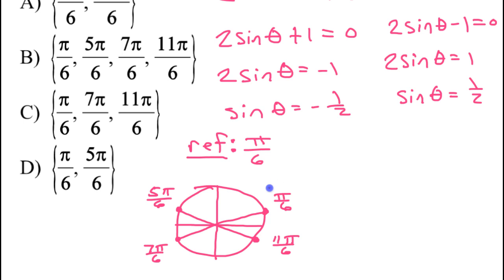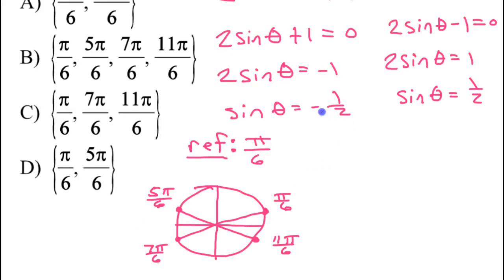Now, all four of these angles, if you take the sine of them, you're going to get either 1/2 or negative 1/2. So we want all of these angles.